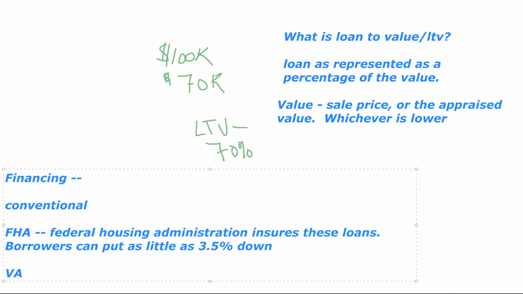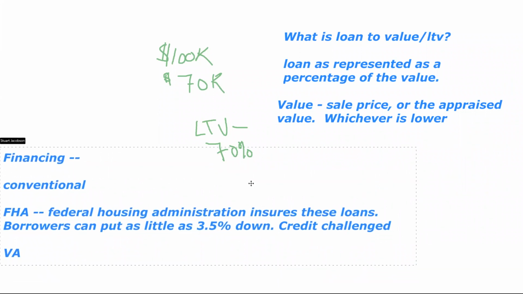Also, this is usually a loan that credit challenged individuals will be able to qualify for a little more easily than some of the other financing options that you have.